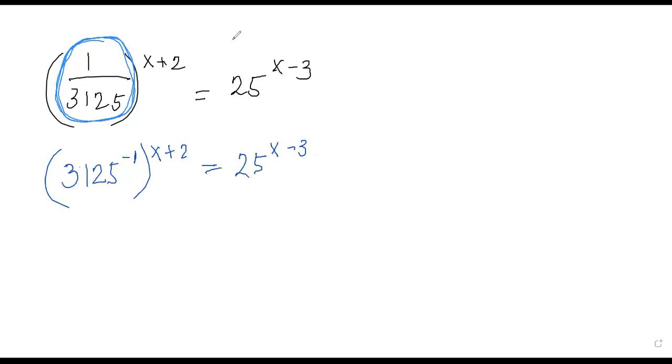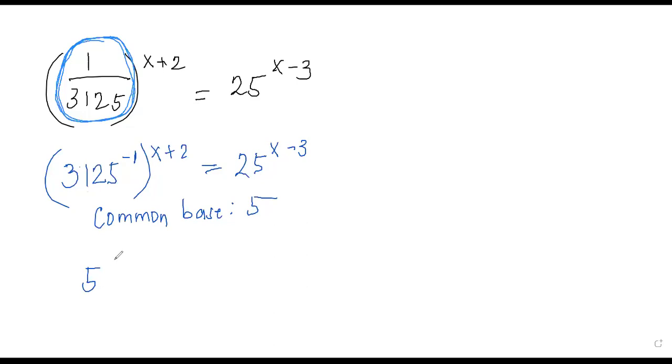Ngayon, class, hindi pa yan common base. Ano kaya yung common base? What is the common base? 5 po. Okay, that would be 5. So now, kung 5 man yung base natin, what would be the exponent of 5 to yield an answer of 3,125? 5 raised to 5 po.